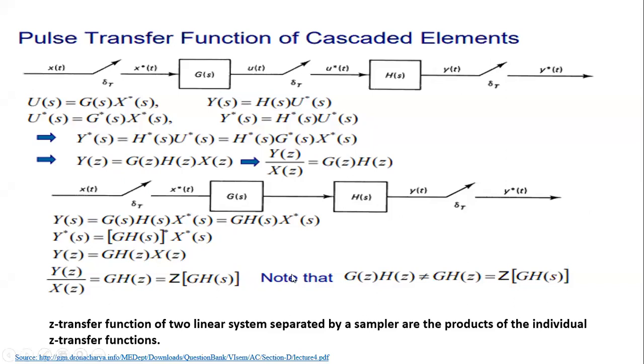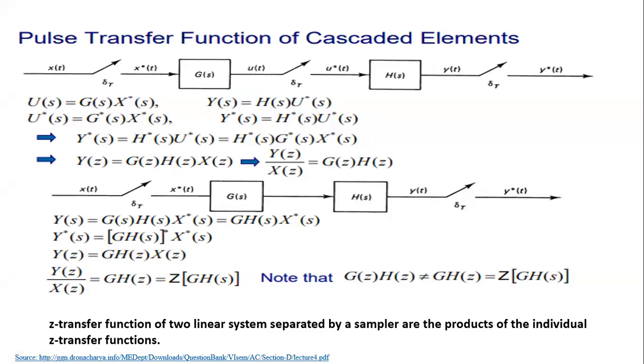This means that the z transform or z transfer function of two linear systems which are separated by a sampler is the product of the individual transfer functions. Remember this point from your online examination point of view. See, g of s is a transfer function. Do you remember we defined it as a feed forward?